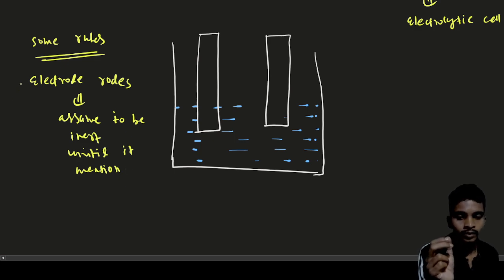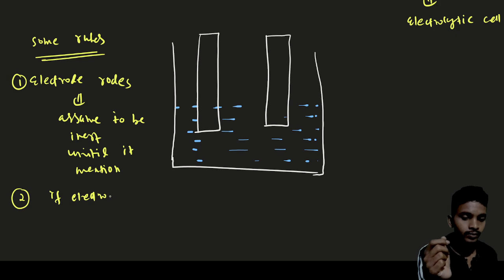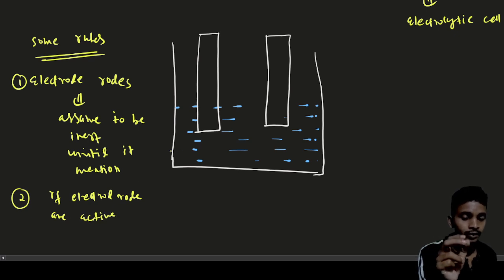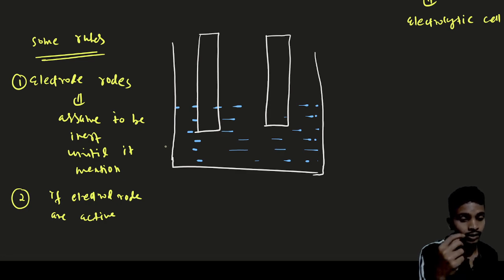So first, if we have not mentioned anything, then assume that these electrode rods are inert. And if electrode rods are active, then in that case the electrode rod itself does the reactions. The electrode rod itself participates in the reactions.